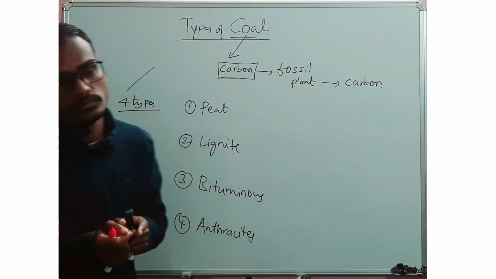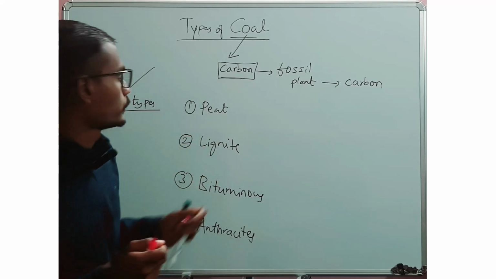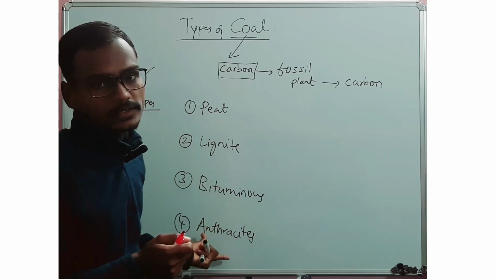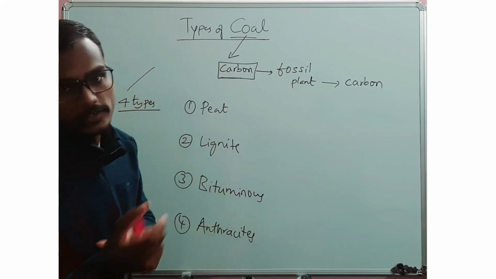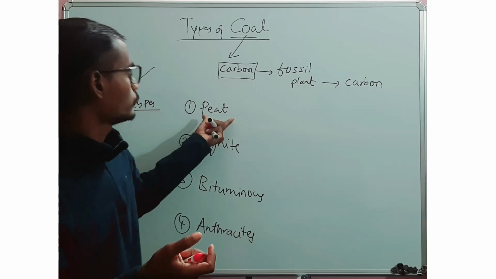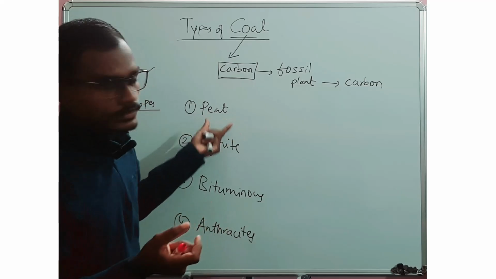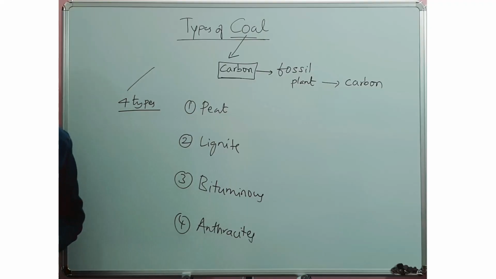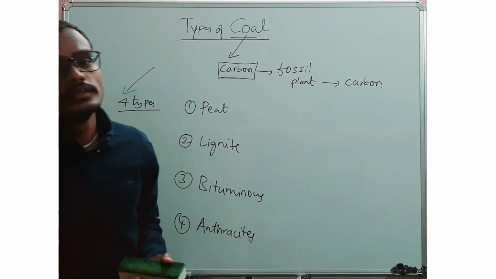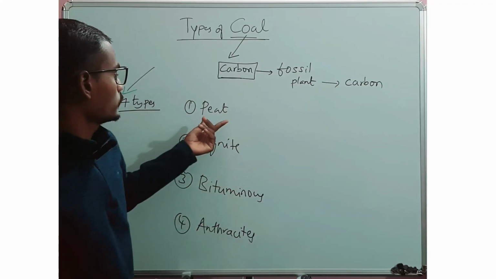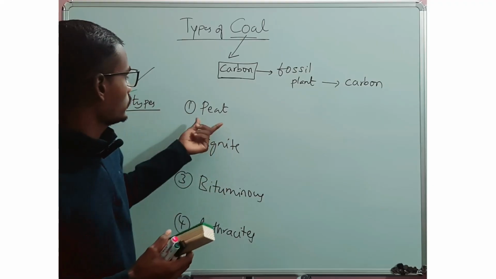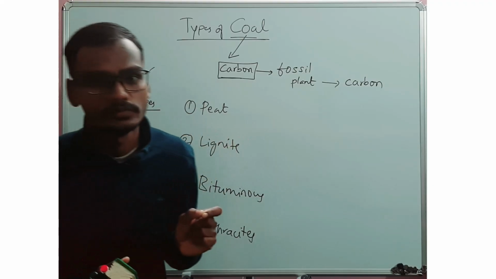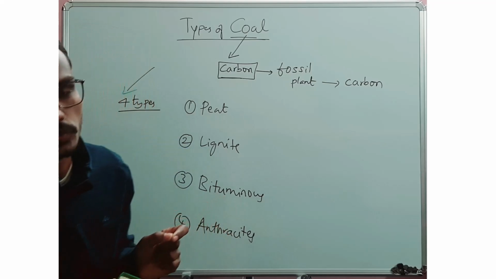Based on the stages of formation of the coal, we categorize the coal into different types. Now let's know a bit of detail about each type of coal. Very little information we need to know, but that is very important to us.